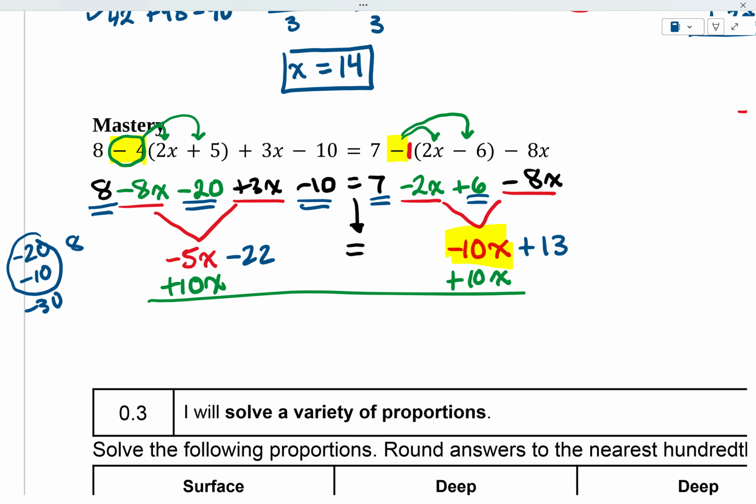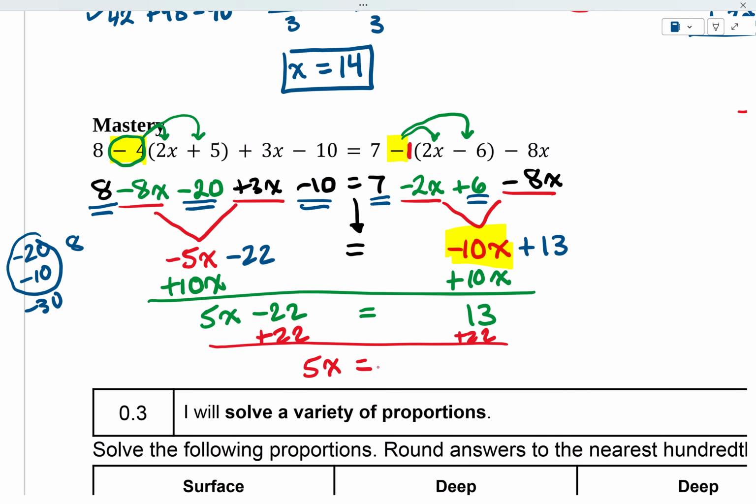And we are now left with 13 on the right side, and we're left with 5x minus 22 on the left. So my next step is going to undo the subtract 22 by add 22 to both sides. And we're going to be left with 5x on the left is equal to 35 on the right. If we divide both sides by 5, x will equal 7.